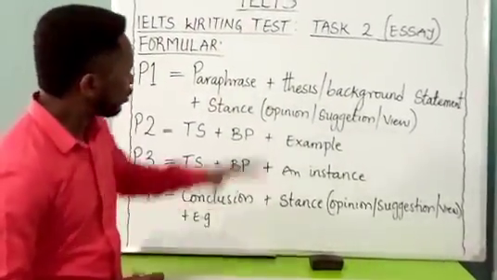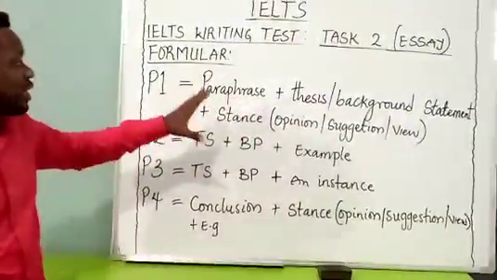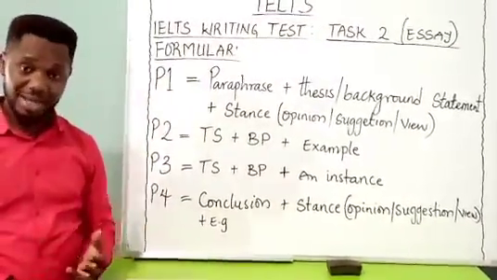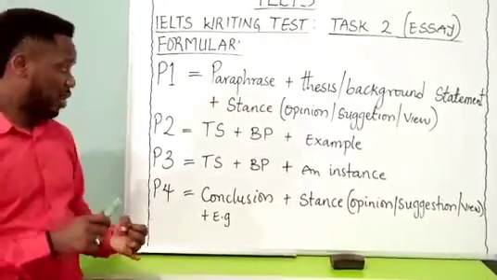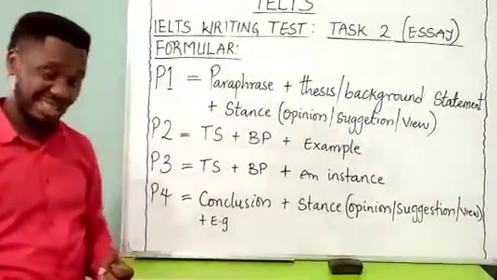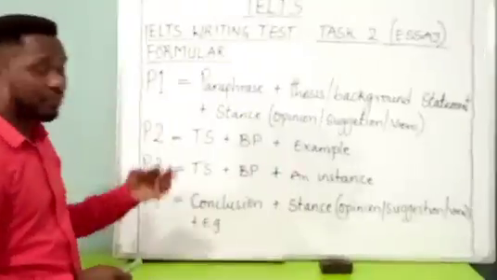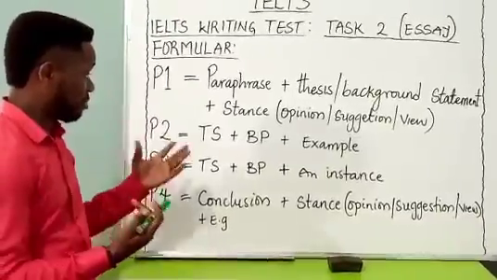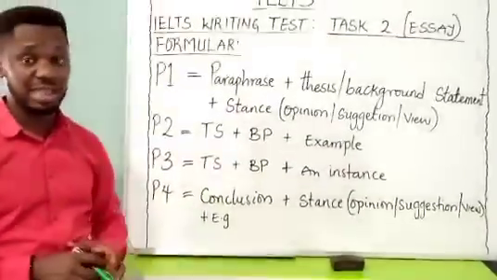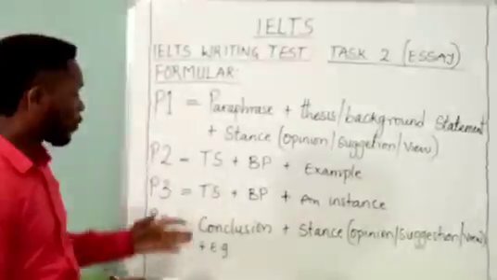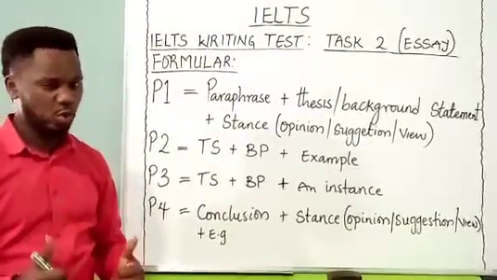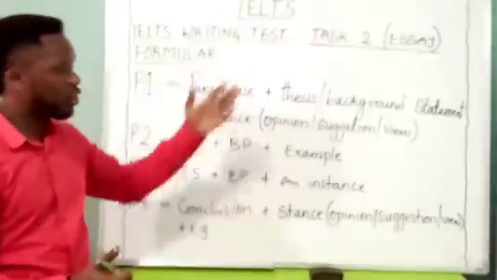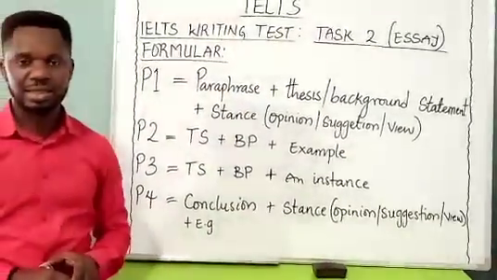But we are actually saying that at the end of this whole thing, you must also ensure that your grammar is on point, you have your complex and compound sentences as you write, you have your punctuations, and then you ensure that you are following the instruction given. If you can do all that following this formula, you are sure of having a minimum band score of 8 in your IELTS writing test.